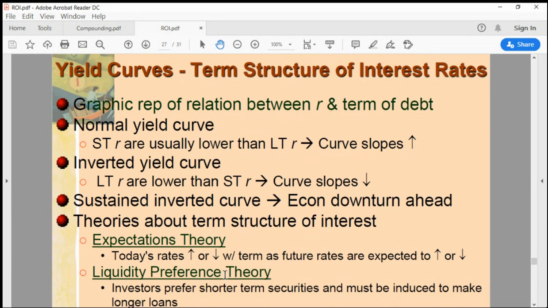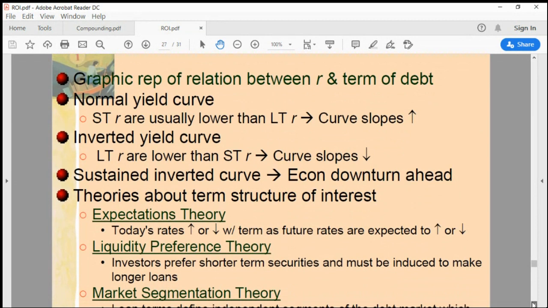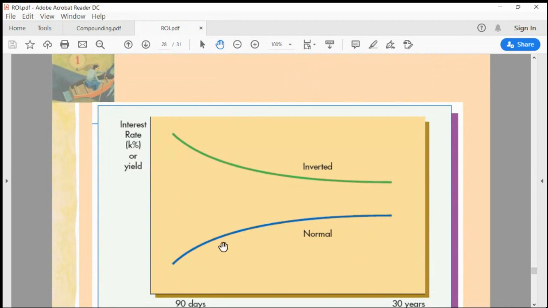So if we plot these returns from short term to long term, right, you will see a curve sloping upward like this.